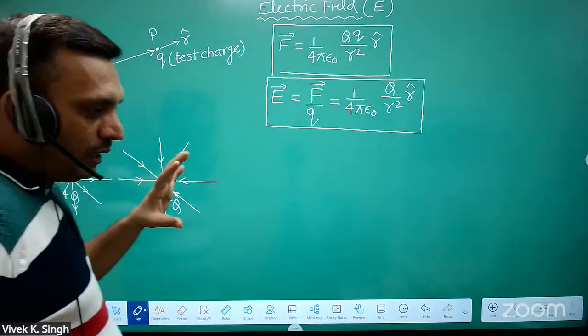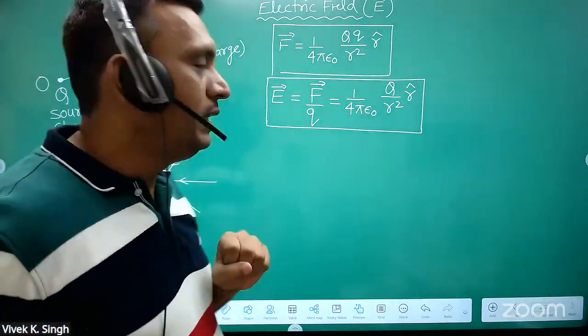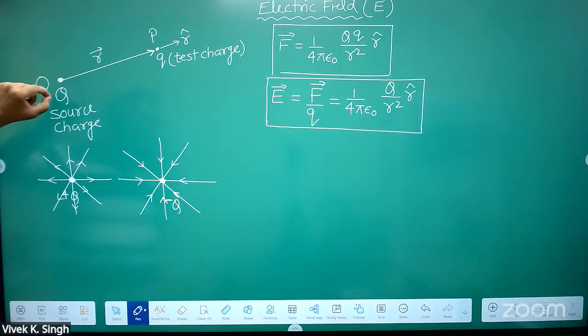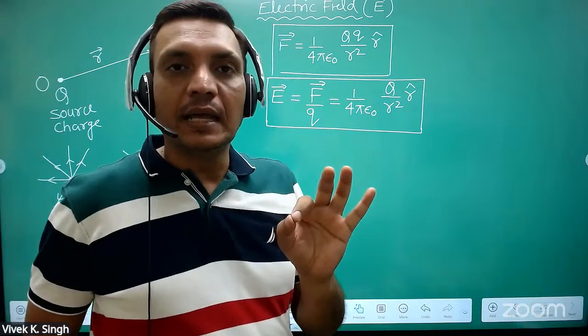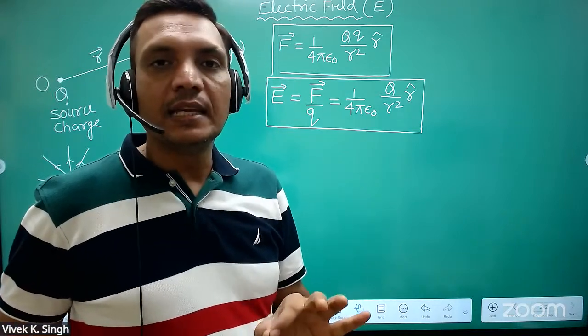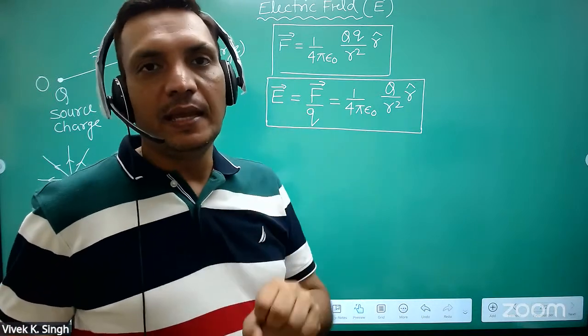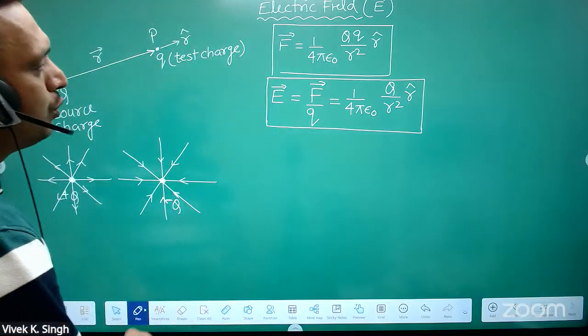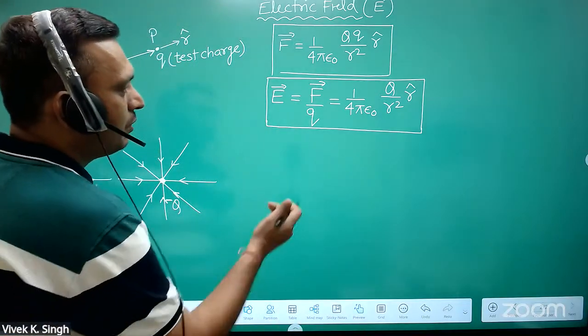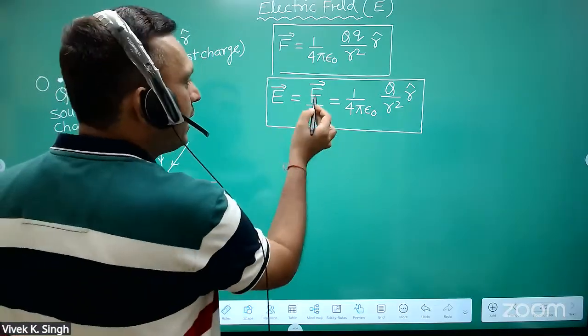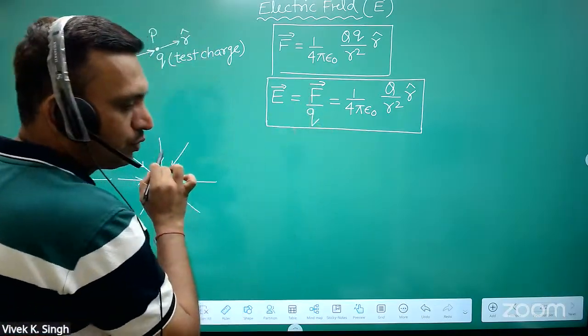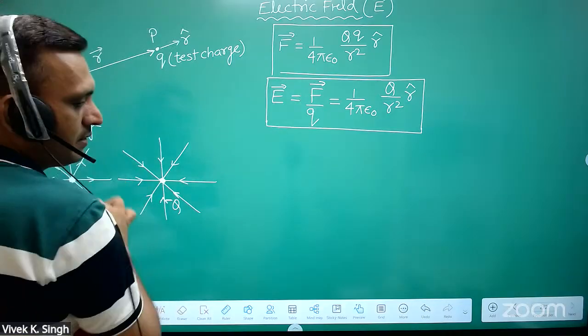But in order to define the electric field, we are assuming that this test charge is stationary. हमको assume करना है कि जो source charge है वो stationary है. So to define it in the practical way, we assume that this charge q is very small, so that force is also very small, so that it remains stationary.